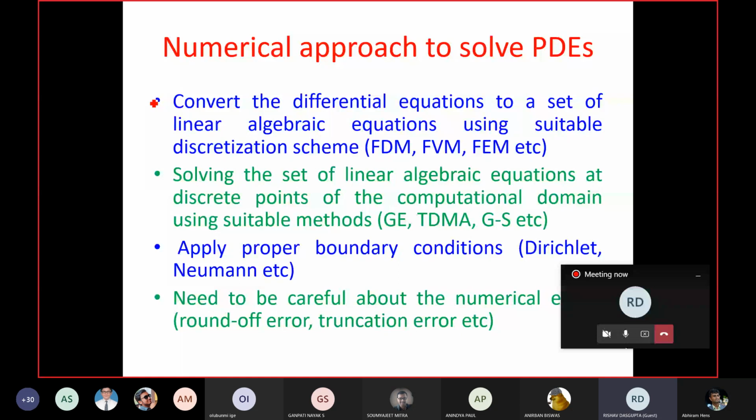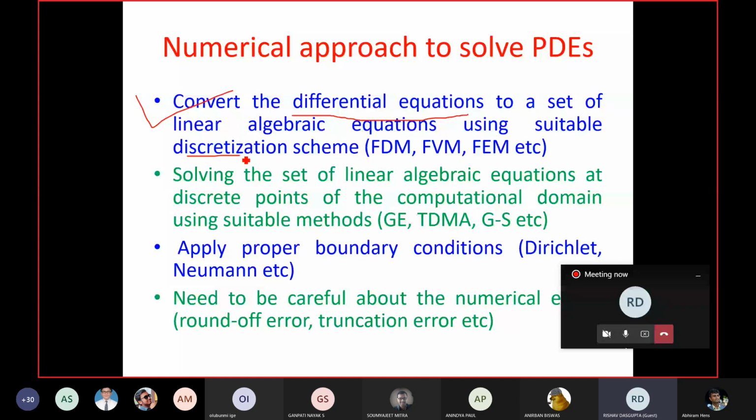There are a number of methods available in numerical texts for solving a set of linear algebraic equations. The simplest, and probably the most widely used, is the Gauss elimination method, which you have probably learnt in your mathematics or numerical courses. In CFD applications, we prefer the TDMA method, the tridiagonal matrix algorithm, or Thomas algorithm.